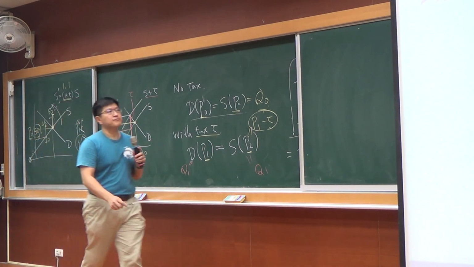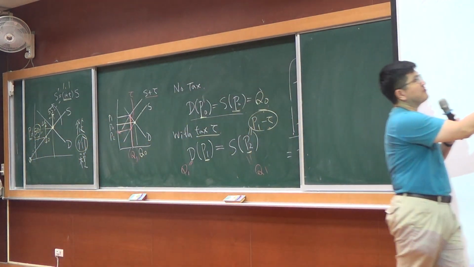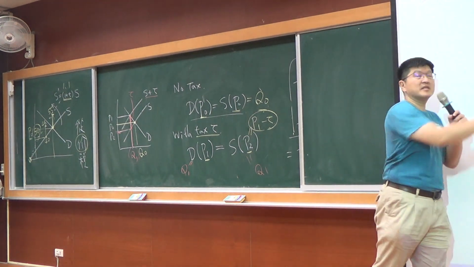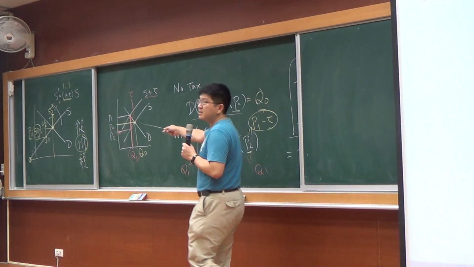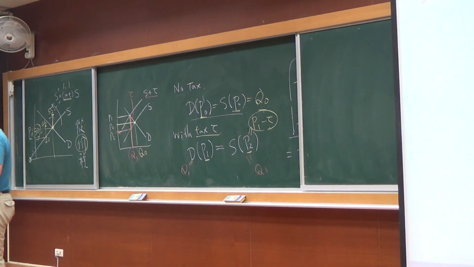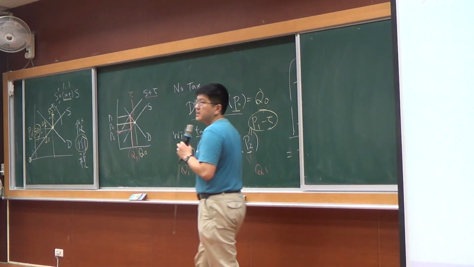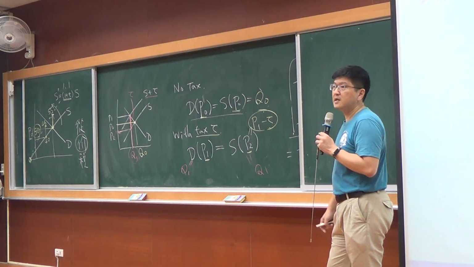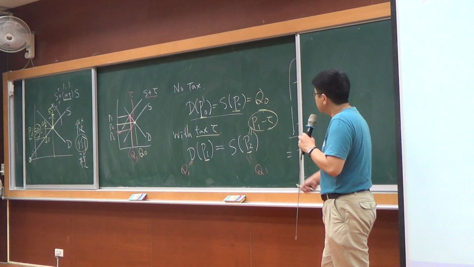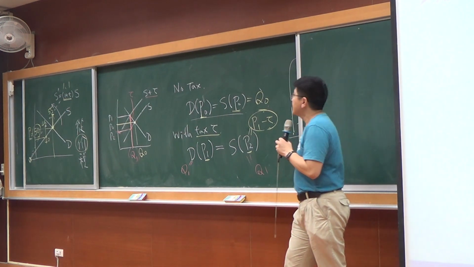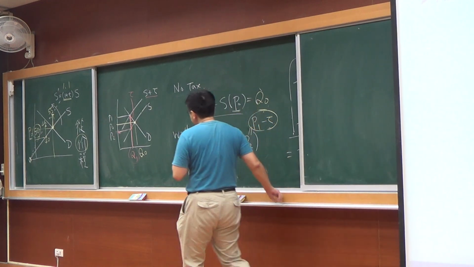Now, that is the reason why we have demand of P of tau equals supply of P of tau minus tau. So here P of tau is actually the P1 on the blackboard, and P of tau minus tau is actually P2, right? And now we have a question here.